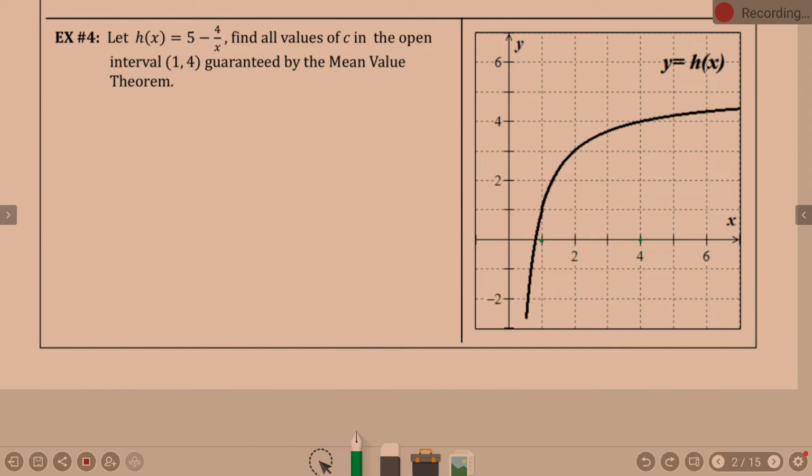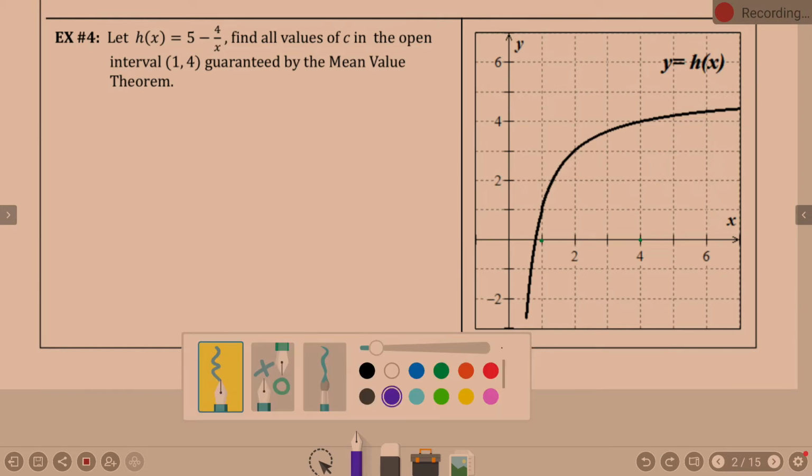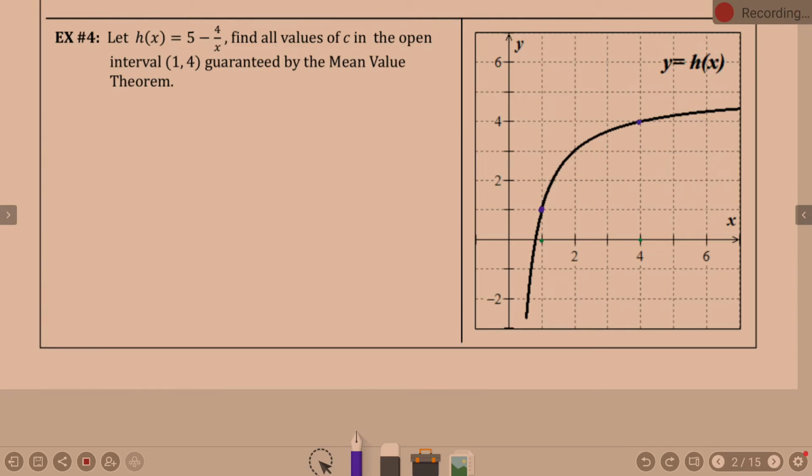Now, my endpoints do not have to be equal to each other in this one, right? But we are going to have to find the endpoints. Let's get the rulers out again. f of 1 is right here, yes? f of 4 is right there.